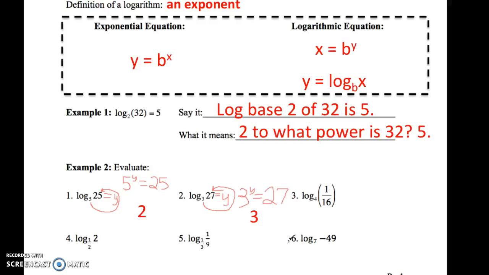The next problem is a little trickier. We have log base 4 of 1/16. So we will write that as an exponential using the log loop. 4 to the y equals 1/16.